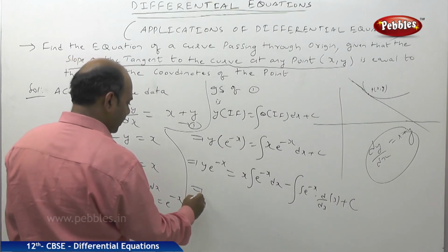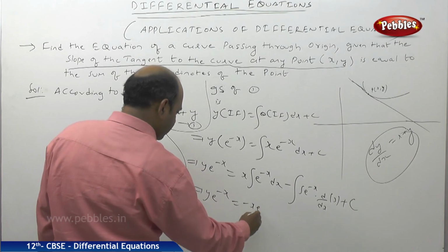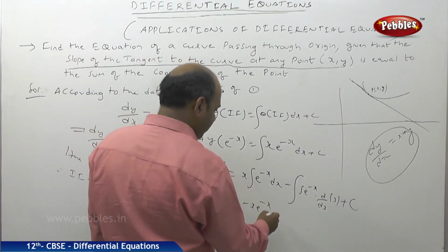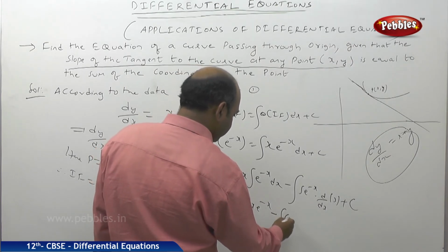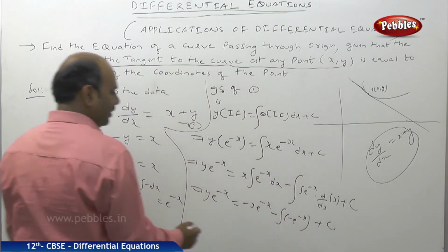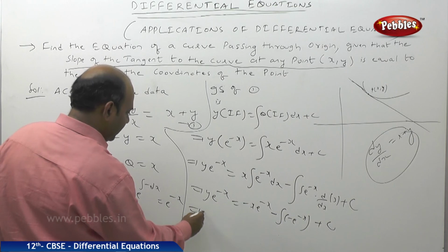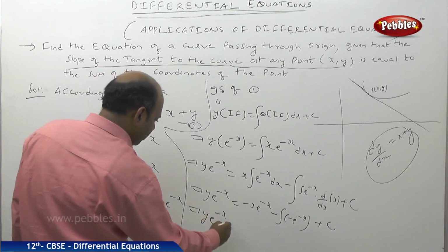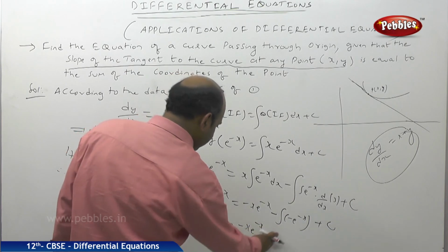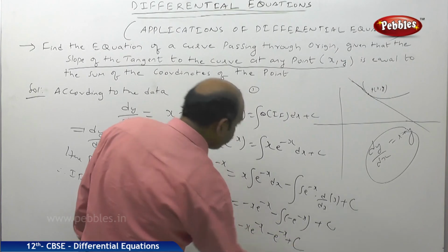So finally y into e power minus x is equal to minus x e power minus x. And here, if you observe carefully, minus of minus e power minus x plus c. Again if I integrate, minus only remains. So finally, y into e power minus x equals minus x e power minus x, minus e power minus x plus c.